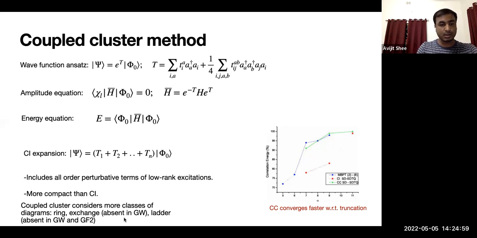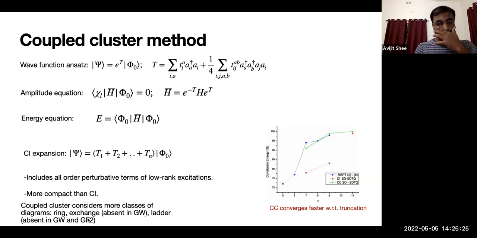In comparison to GW, ring diagrams are present in all orders, but the exchange is present only in first order. So there are definitely more classes of diagrams, and the ladder diagrams are altogether missing in GW.